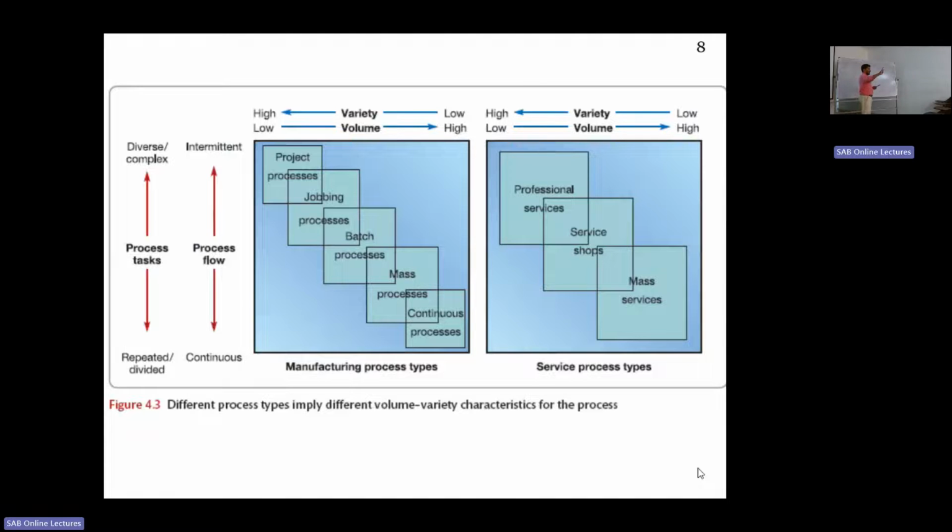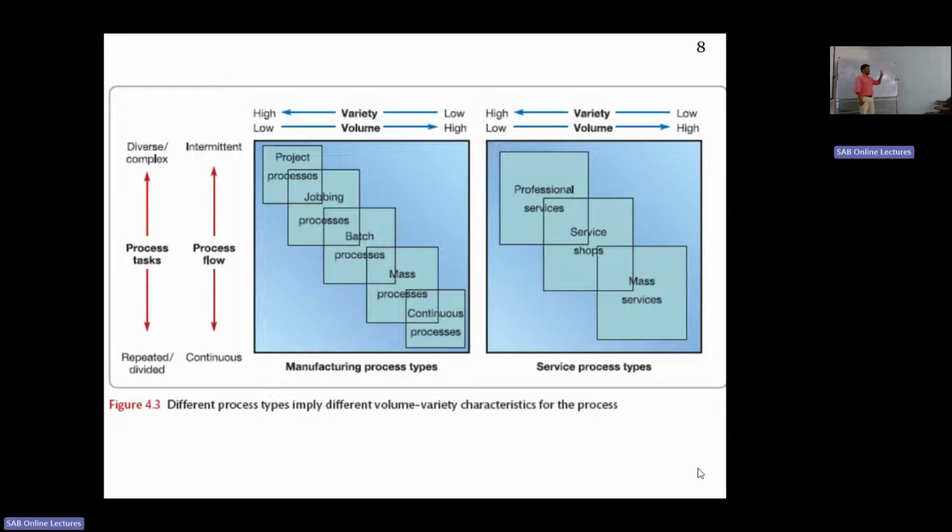there are three main transformed resources that are being processed in processes. We identified three from the first topic, transformed resources, which are being converted into outputs.